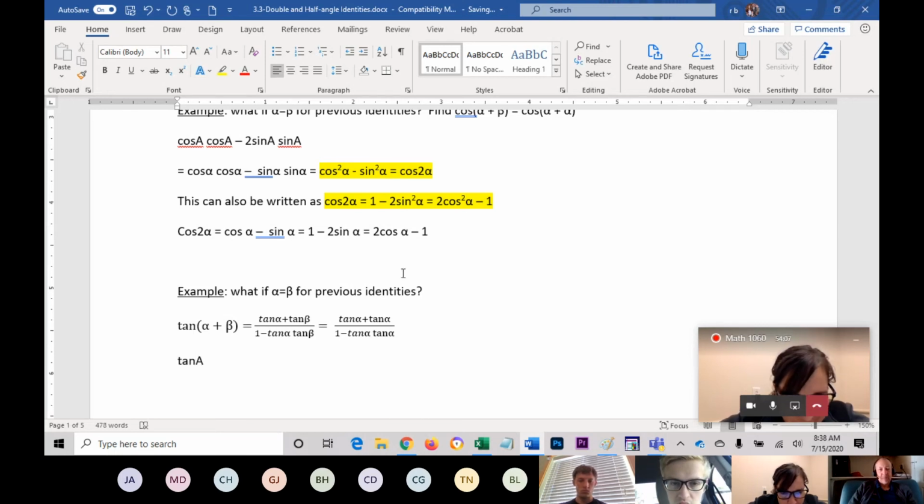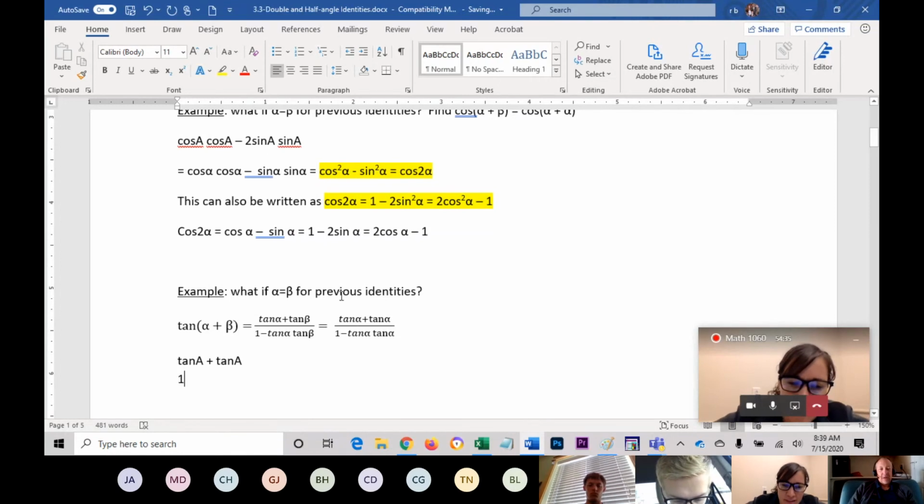Actually, I'm not totally sure on this one, I'll be honest. Okay, well, you're off to a good start. It's the tangent of alpha plus the tangent of alpha, and then we divide by 1 minus tangent alpha tangent beta.